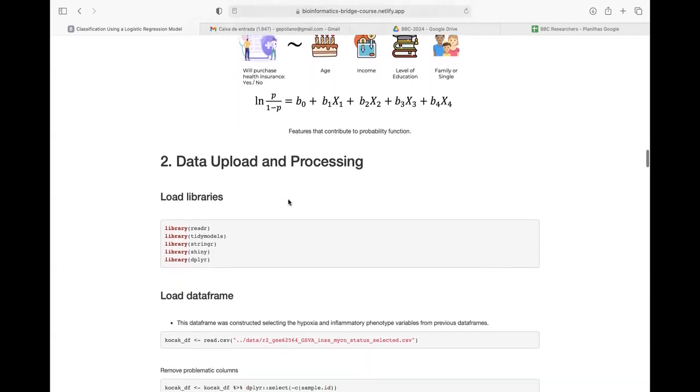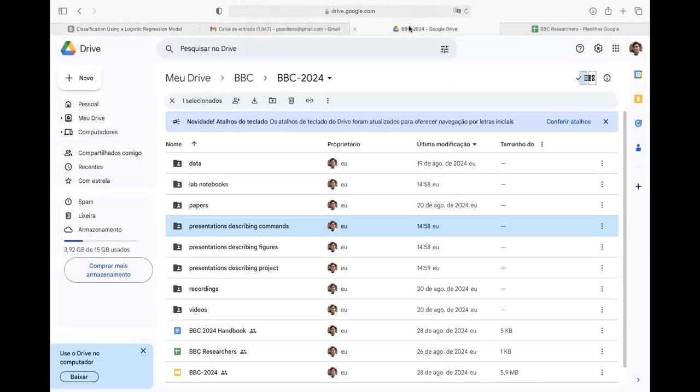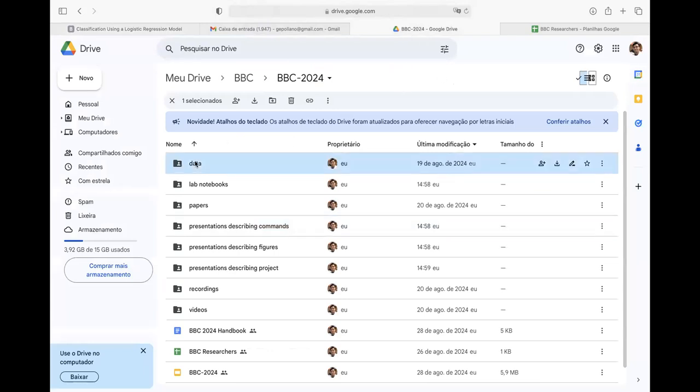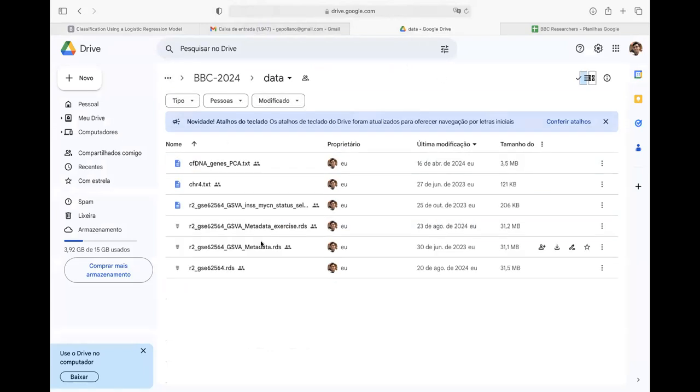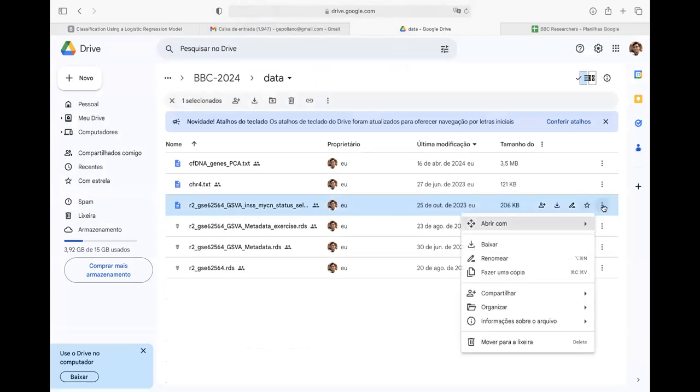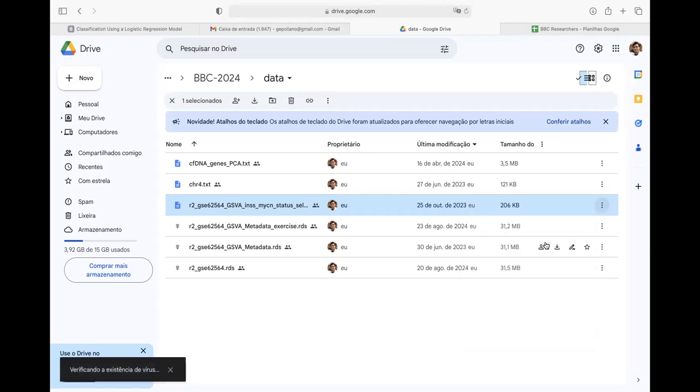The first step is going to be uploading and processing the data. And for that, we're going to go back here to the shared drive. We can go to data, and it's going to be this object here that we're going to download. Let's go ahead and download this object.